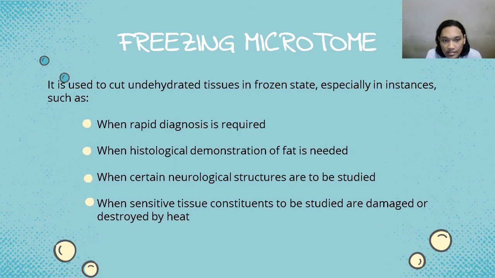It is used to cut undehydrated tissues in a frozen state, especially when rapid diagnosis is required, when histological demonstration of fat is needed, when certain neurological structures are to be studied, and when sensitive tissue constituents to be studied are damaged or destroyed by heat.